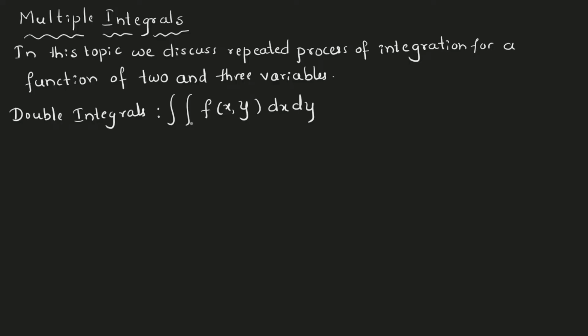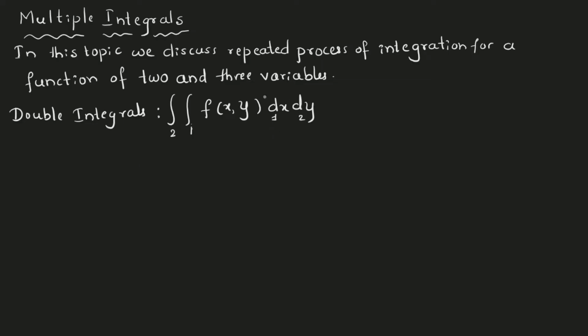So this first integral is related to dx. This is the first one and this is the second one. The first integral sign is for this variable, the second integral sign is for that.